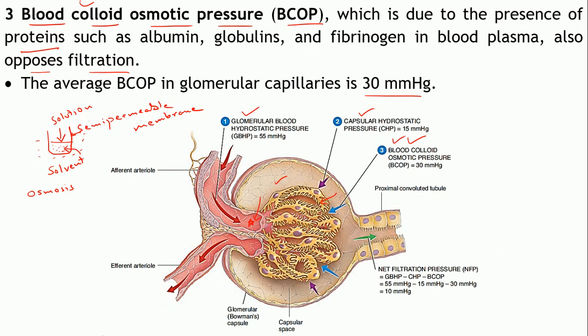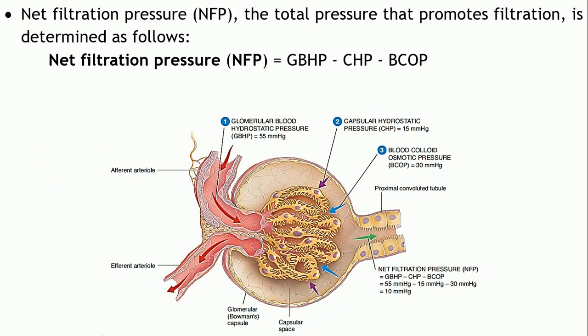So how will you find out the net filtration pressure? What will be the net filtration pressure which is responsible for the glomerular filtration to take place?